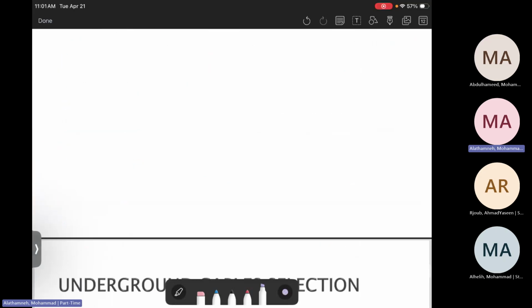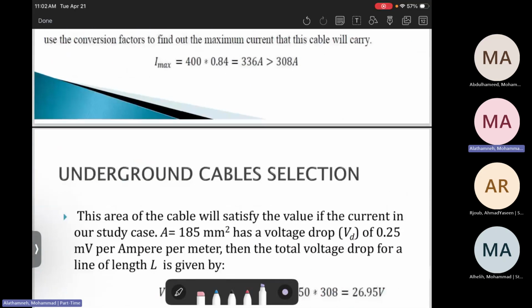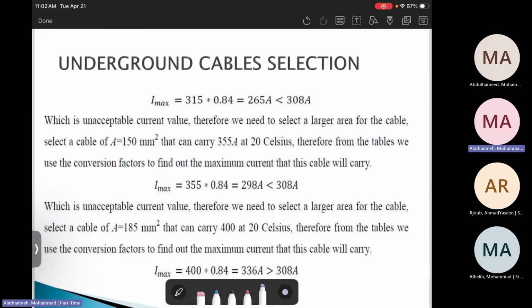Okay, then after that, we need to make sure Imax, when we calculated it, will be 265, which is below 308. Then the other one, if we increase the size to 355 ampere at 20 Celsius degrees, then it will be around 298. And again, when you look at these values, they are unacceptable.